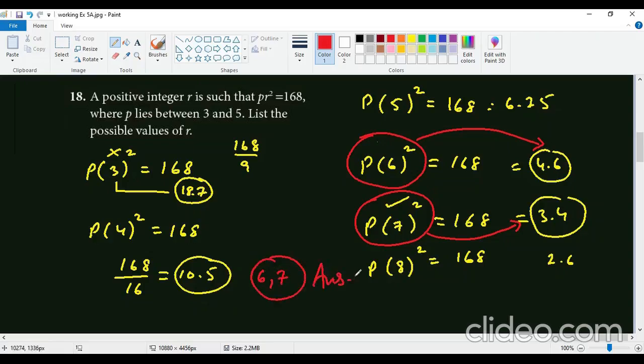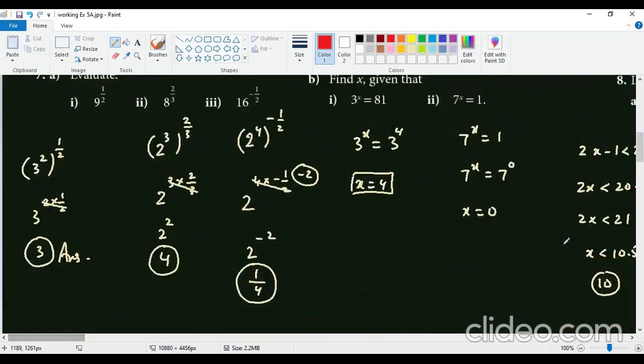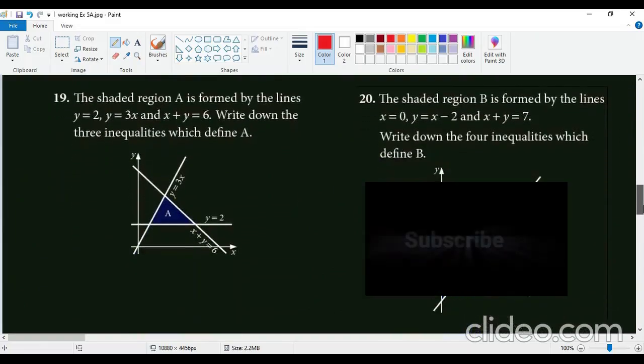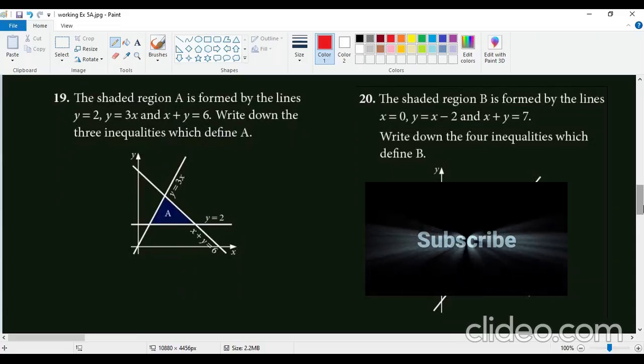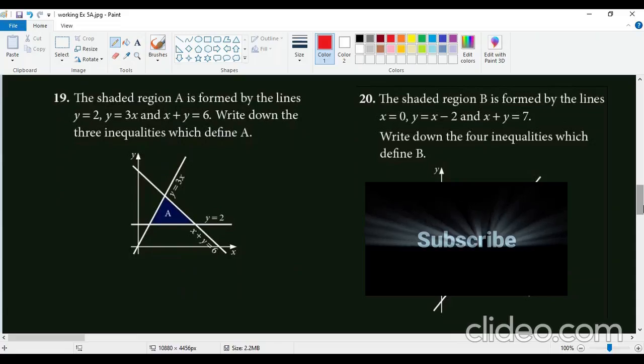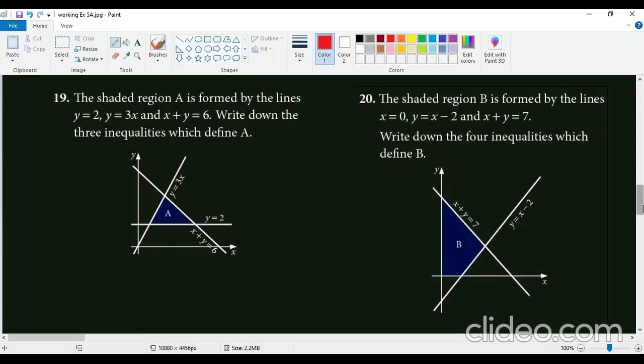Now moving on to question number 19, which is one of my favorites too. So let's see. The shaded region A is formed by the lines y equals 2, y equals 3x, and x plus y equals 6. Write down the three inequalities which define A. A is the shaded region, or unwanted region, you can say. Here, the first inequality is y is greater than or equal to 2.